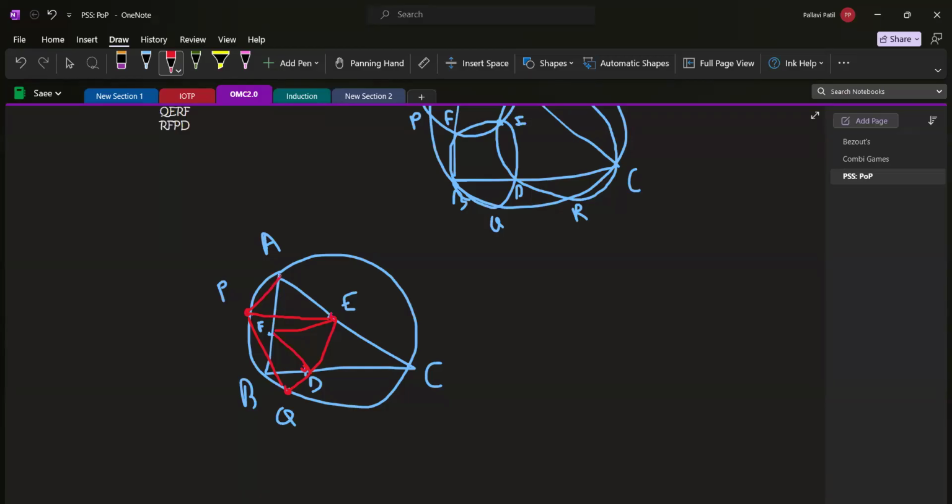Okay, maybe we can just start listing down the angles we know already. We can get something. For example, we know that APE is the same as AFE, right?